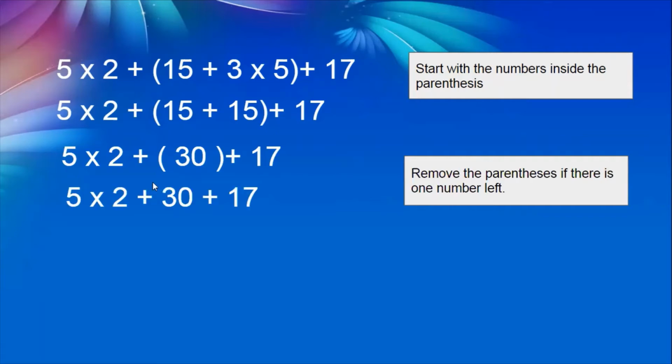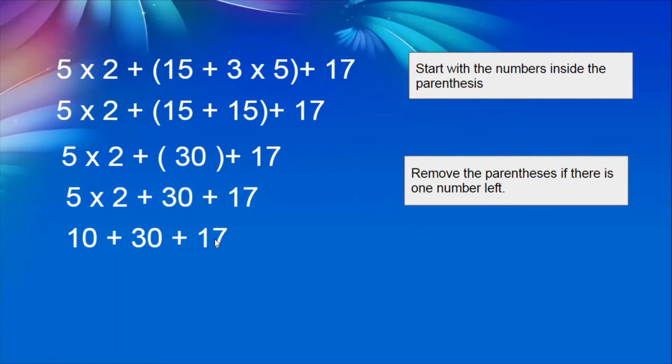So we have here now 5 times 2 plus 30 plus 17. So we have 2 operations here, we have multiplication and addition. So we know that multiplication should come first before we do the addition. So we're going to do the multiplication, which is 5 times 2, that is 10. Just copy the 30, just copy the 17.